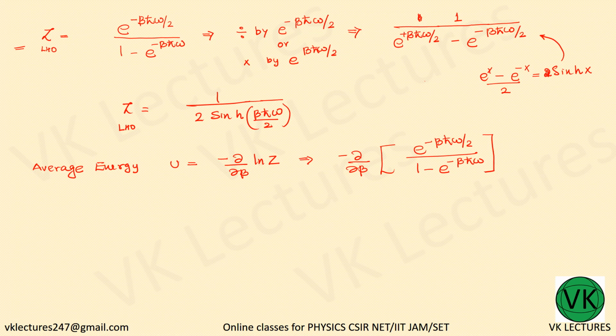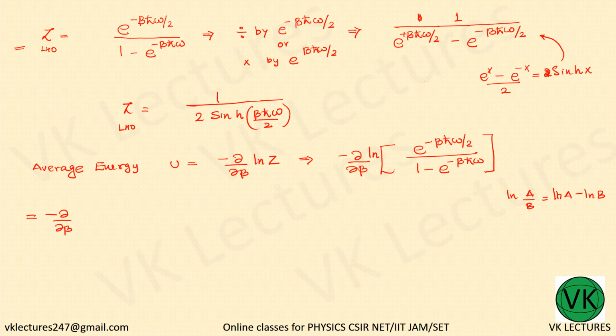Here there is another term, log Z, log of this particular quantity. Now we can say that log of a by b is equal to log a minus log b. So this can be written as minus dou by dou beta.